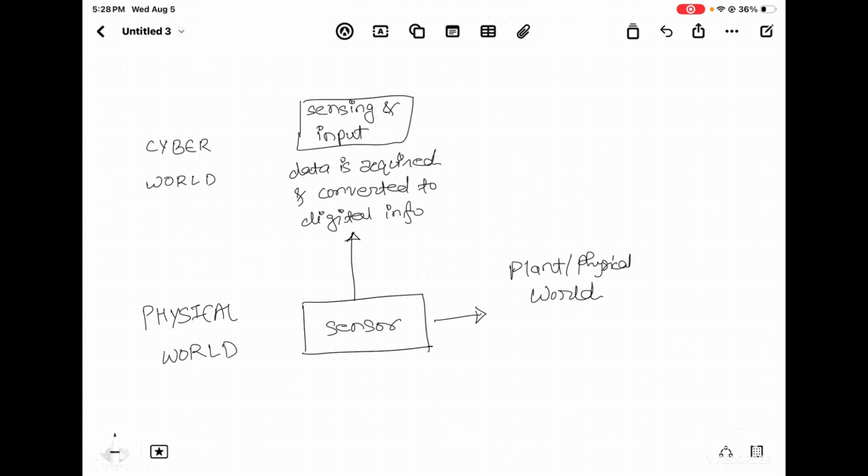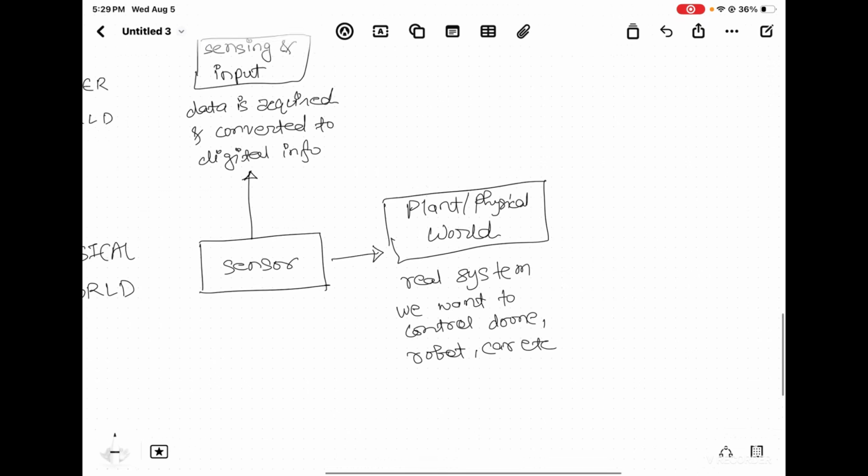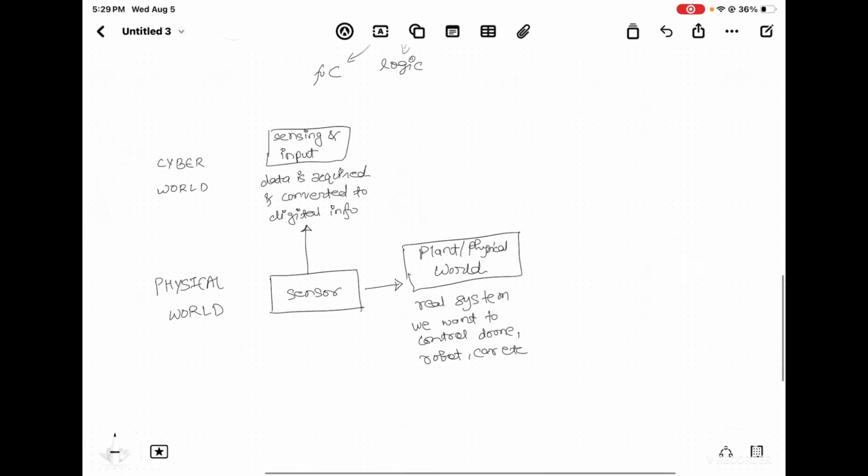What the plant or physical world is, this is the real system we want to control, like your drone example, robot, car, etc. And then we receive this data and the controller performs some computation.